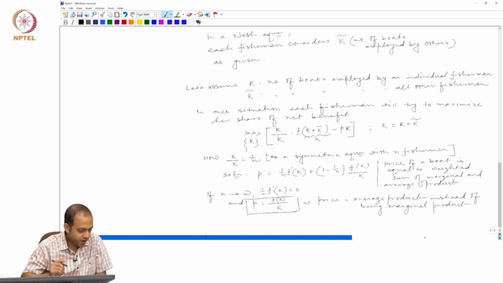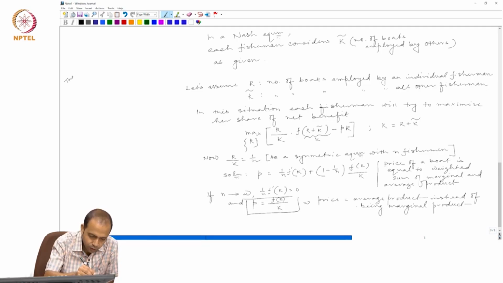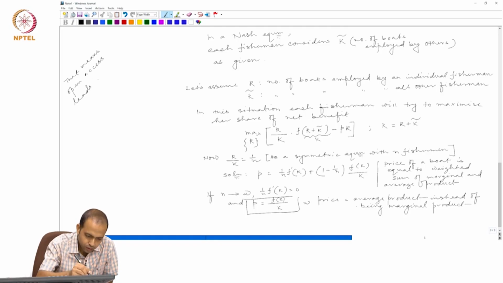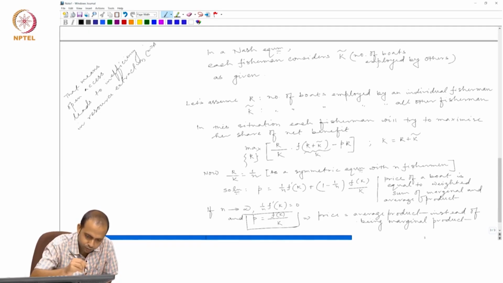So, open access leads to inefficiency in resource extraction as n tends to infinity.